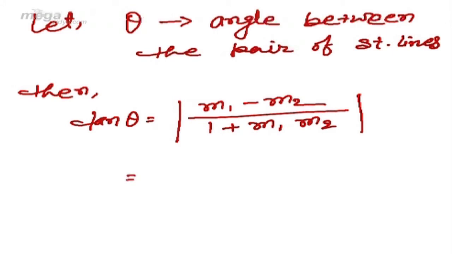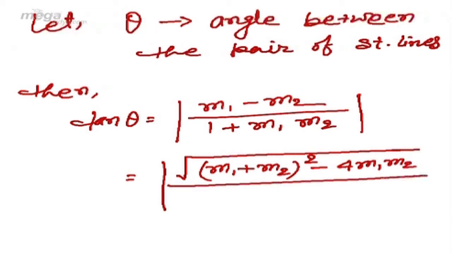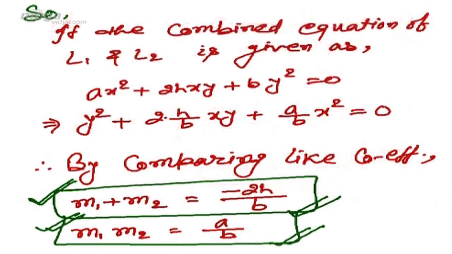So now students, this m1 minus m2, can you write it as root under m1 plus m2 whole square minus 4m1 m2, whole divided by 1 plus m1 m2, and then we'll put the mod. You have m1 plus m2, you have m1 into m2, you can substitute both of them.